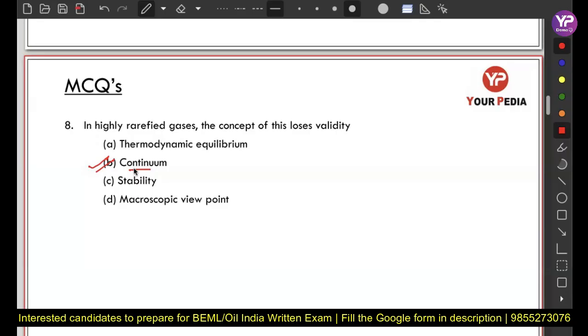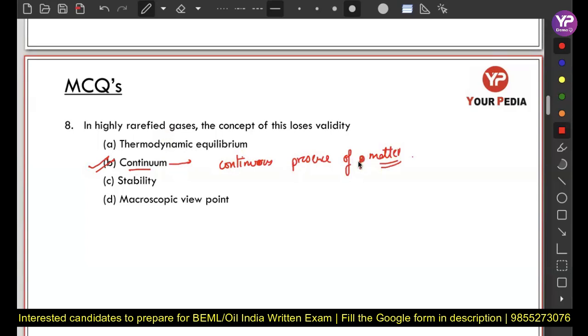So always remember that continuous simply means the continuous presence of matter, which can be considered a continuum.